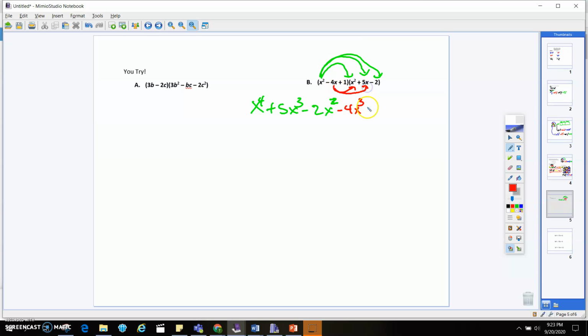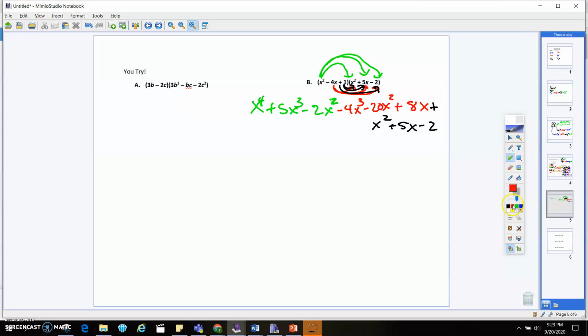Negative 4x times 5x is going to give me negative 20x to the second power. Negative 4x times negative 2 is going to give me positive 8x. And then you're going to take that last term and multiply it all the way out too, which means you're just going to repeat this. So 1 times x squared is going to give me x squared. 1 times 5x is going to give me 5x. 1 times negative 2 is going to give me negative 2.